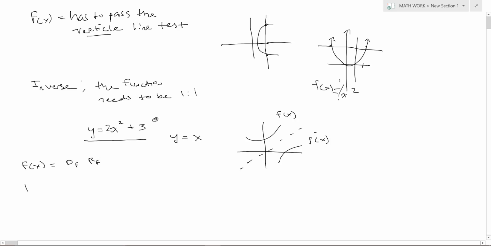But for the inverse function, the domain is the range of the original function. So the domain of f inverse equals the range of f, and the range of f inverse equals the domain of f, right? Okay, so they're interchanged.